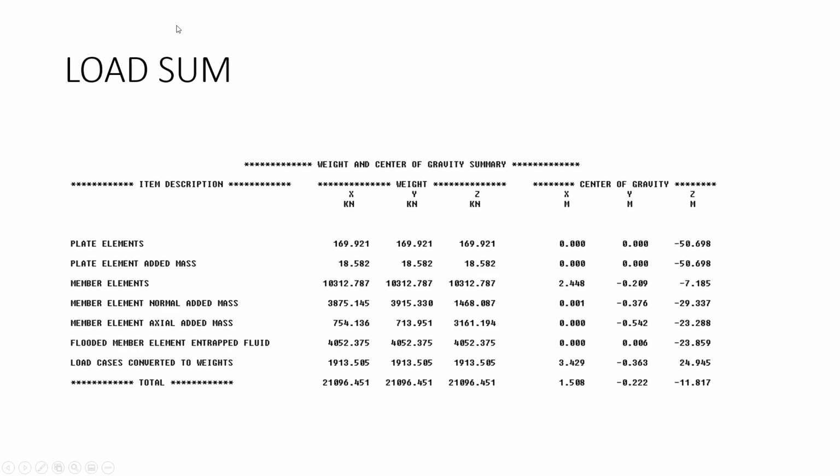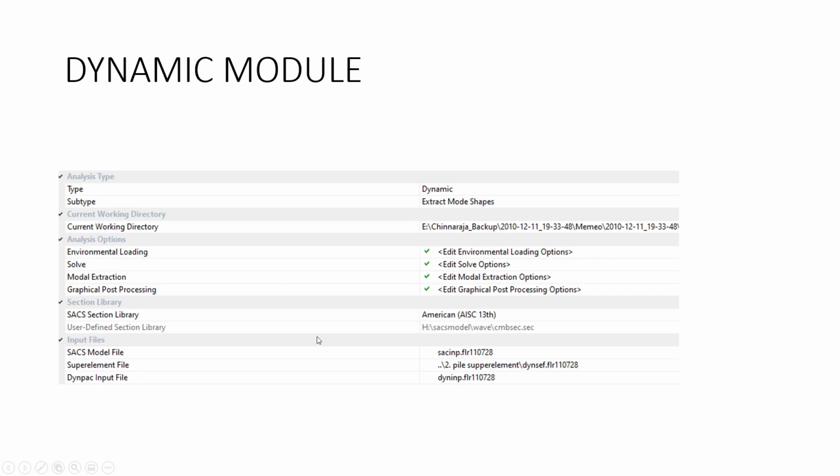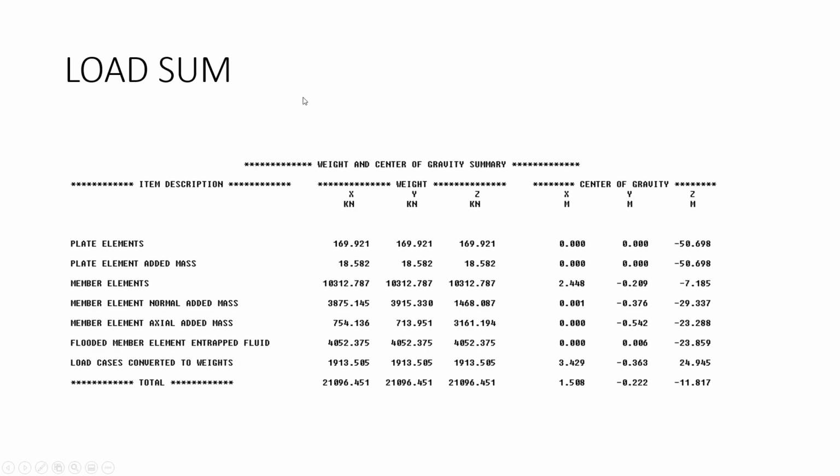Now if you see the output files, there will be a dynlist file. Once you finish the run of the dynamic module, from there you can find all the load sums. If you see here there is a plate element, so whatever is in your model as plate, if any added mass is there, this is member element, member added mass, member element axial added mass, and there will be a flooded member element entrapped fluid.